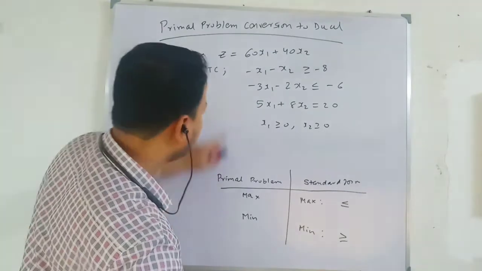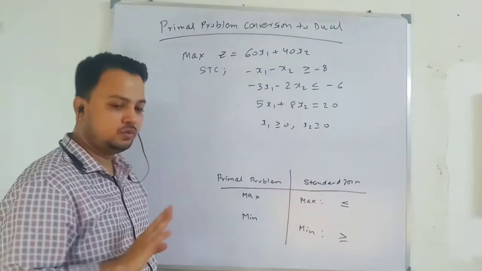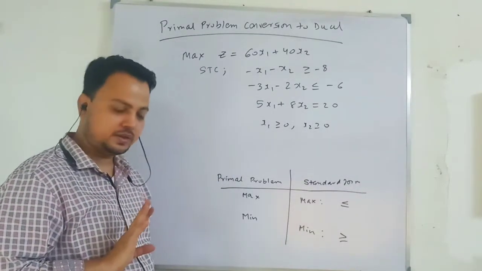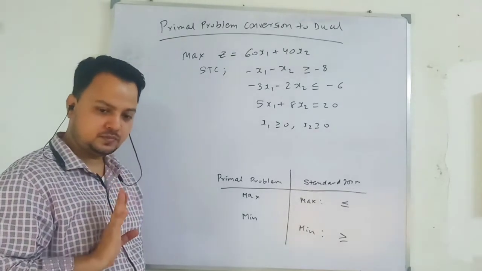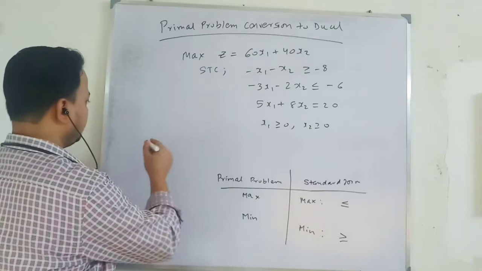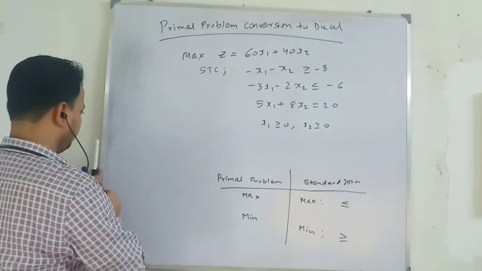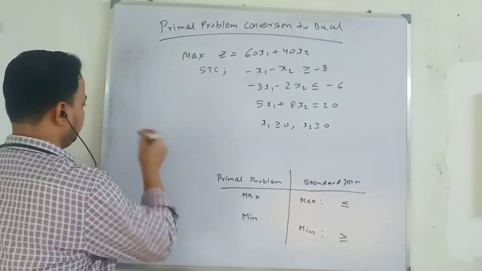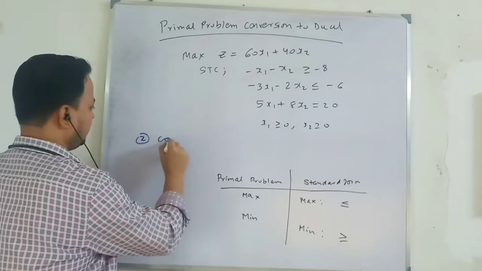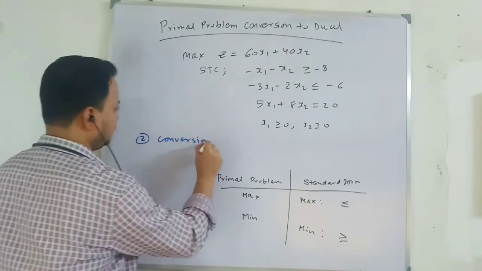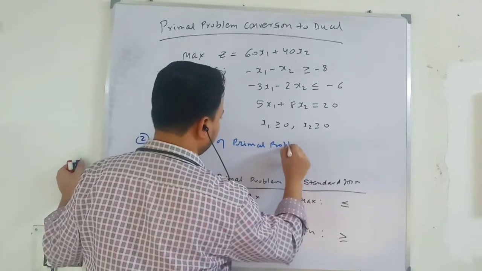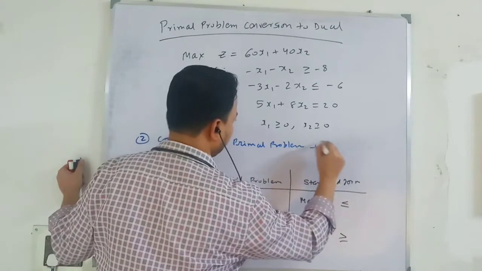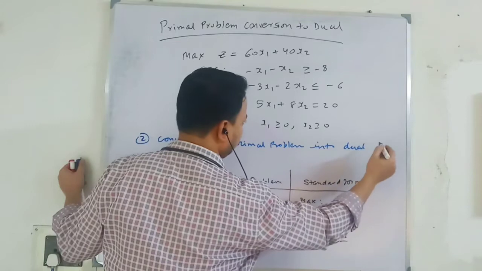After converting this primal problem into a standard form, we will set up our dual problem. Clear? So second is conversion of the primal problem into the dual problem.